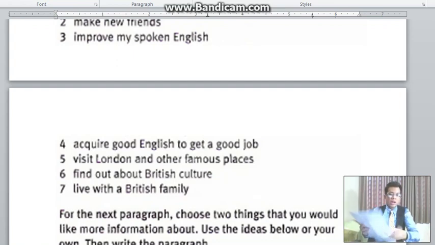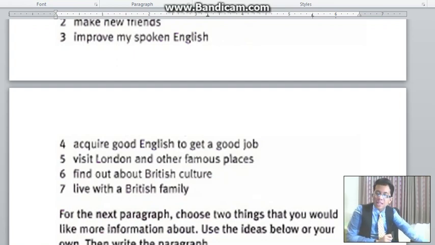You can use some of those reasons why you want to study in Britain, or you can make your own ideas, about why you chose England or Britain as a place for learning. Those are all the good reasons that they have given us.